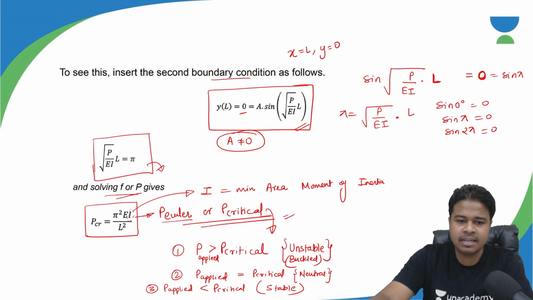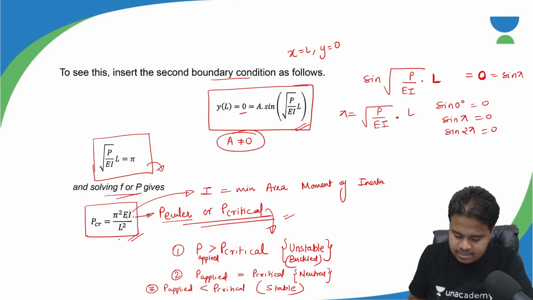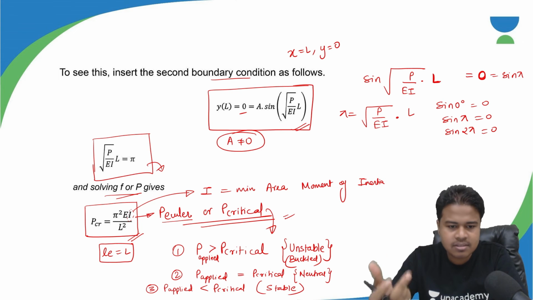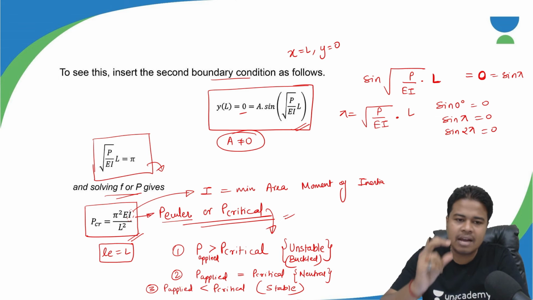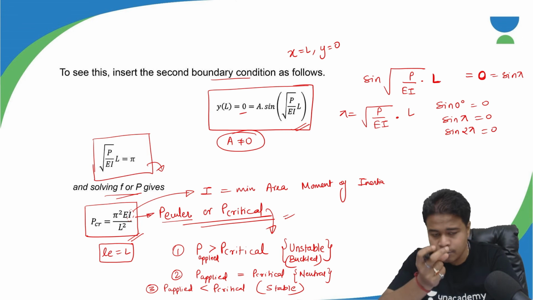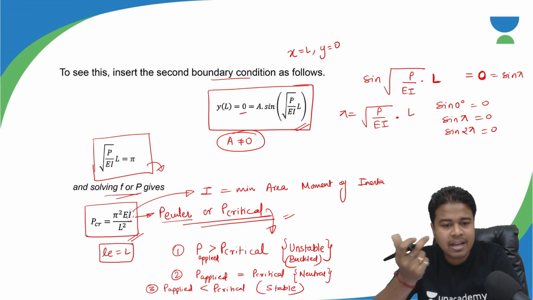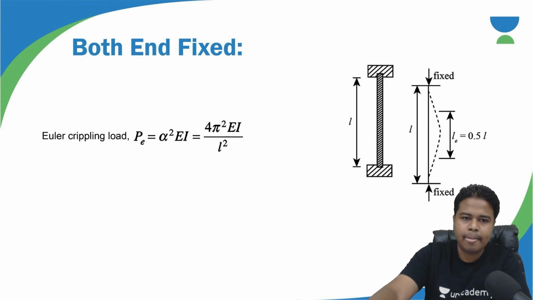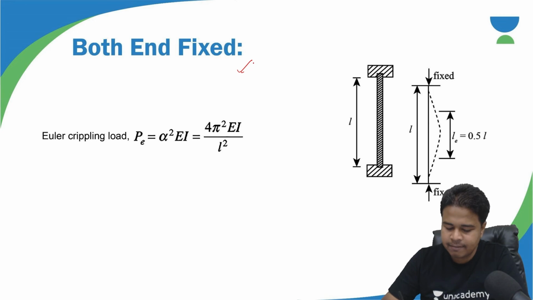What was the effective length here? In this, effective length is equal to L. So we will try to write with a common sign, because we will have a common formula for P critical, that is pi square EI by L effective square, and we will get the values of L effective for different conditions.